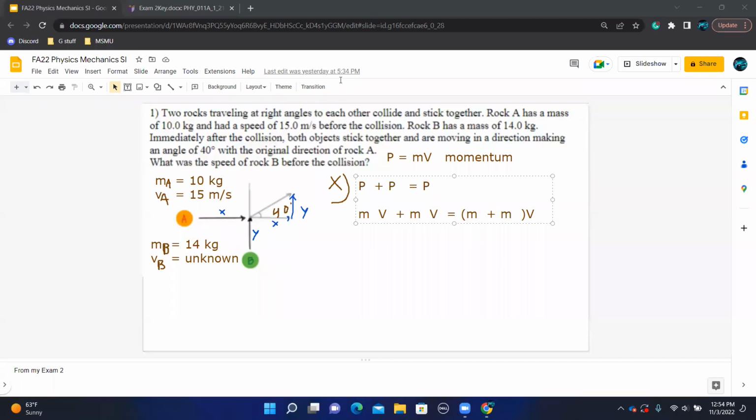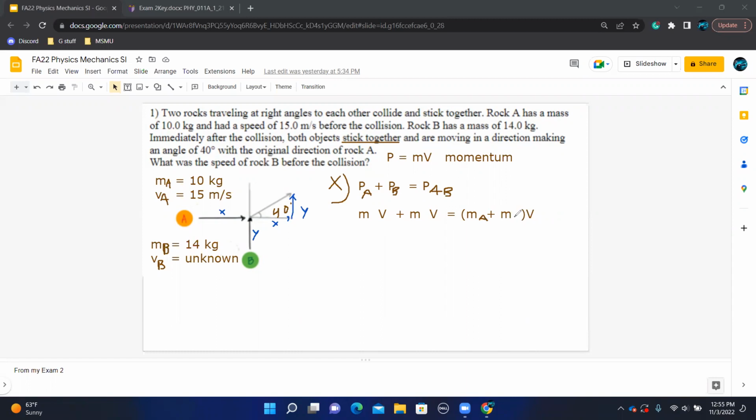You sum the masses of A and B because they stick together. So that's how you know that you're summing them or adding them up.